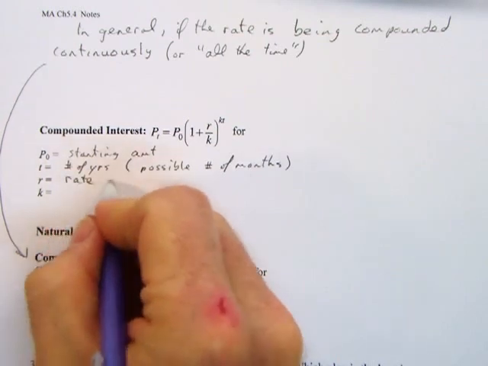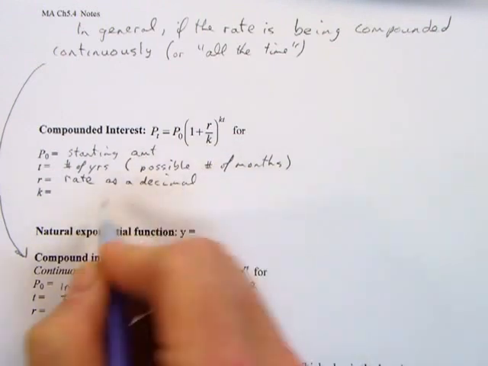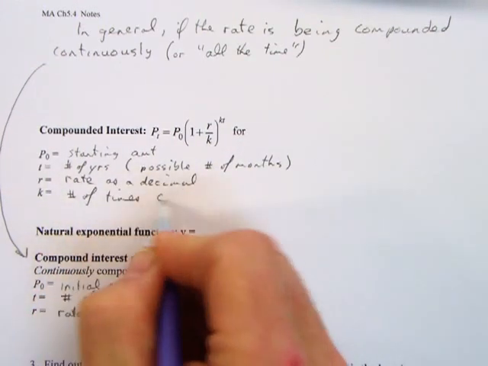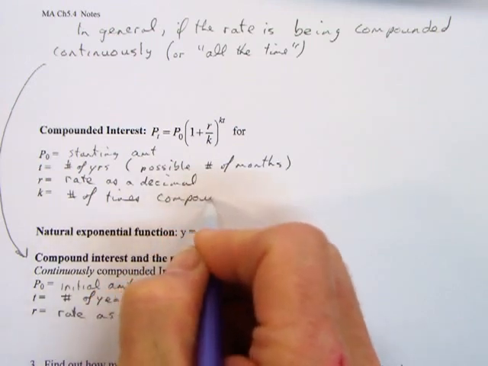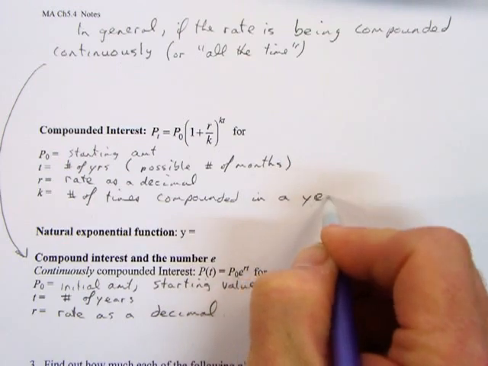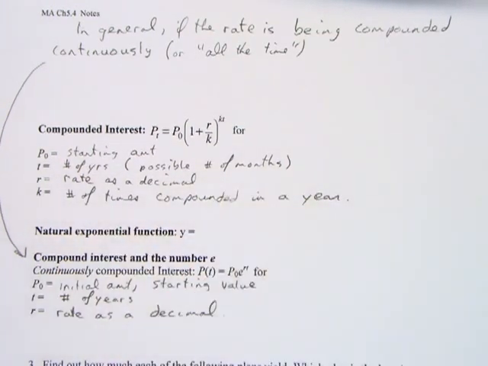And what is k? k was the number of times compounded in a year. Again, we're dealing with money, so that would be the number of times compounded in a year.